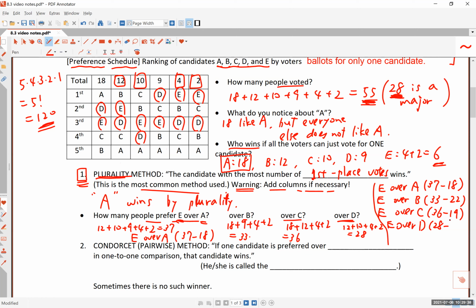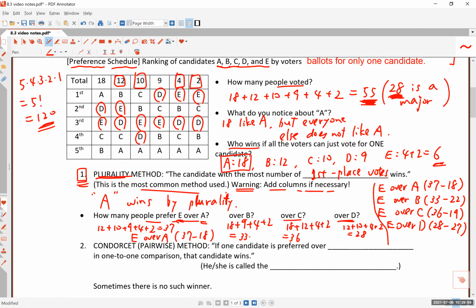If 28 people prefer E over D, then the other 27 people must prefer D over E. But 28 is a majority, right? So by a majority in the pairwise comparison between E and D, E seems to win.